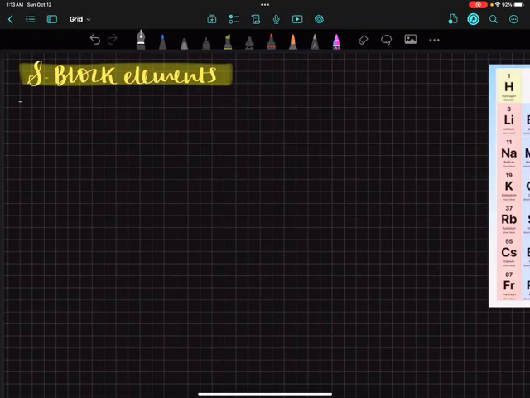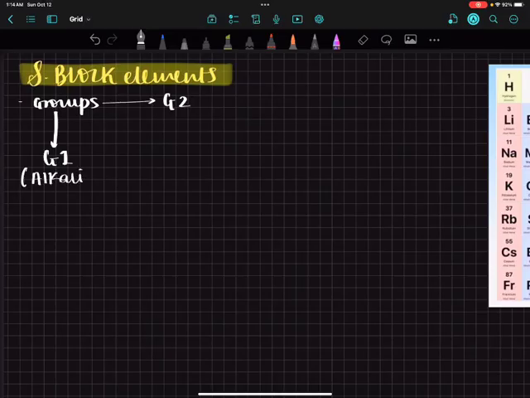Here it consists of two groups, one is group 1, another is group 2. The first are known as alkali metals, and group 2 are known as alkaline earth metals.